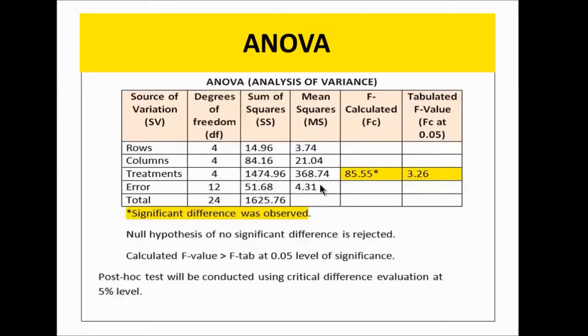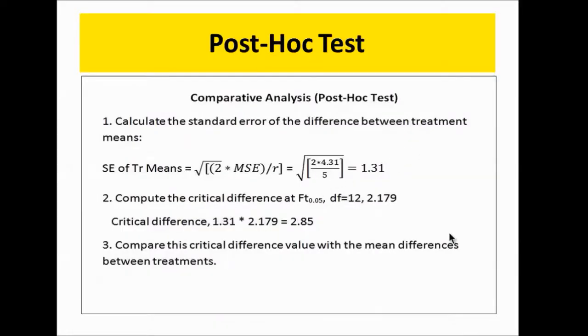This is the mean squares error, divided by 5, the number of replications, equals 1.31. Actually, this is plus or minus 1.31 after extracting the square root. We only take the positive root, 1.31.